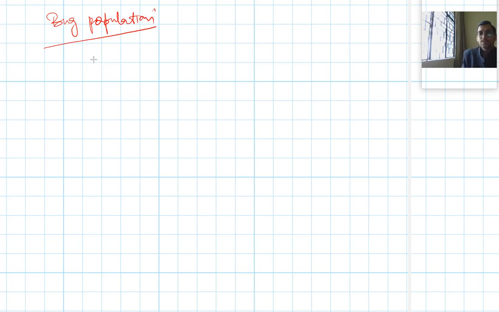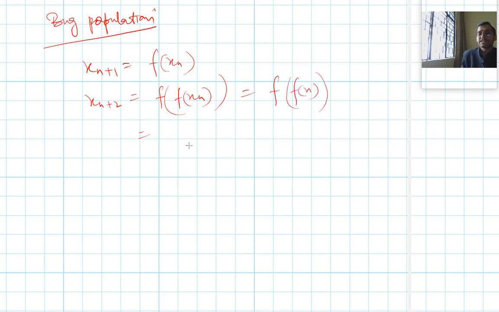So since we know that xn plus 1 is equal to f of xn, similarly I can write down the formula for xn plus 2. It is f of f of xn, and we know that the value of f of x will be mu x times 1 minus x. This is the value of this part, and then again its function.